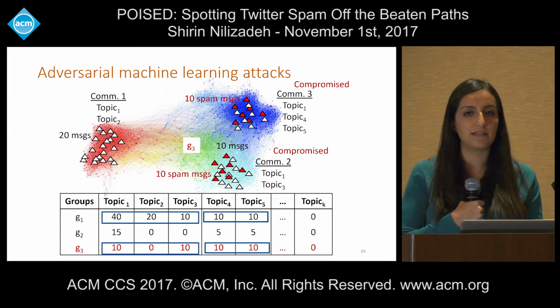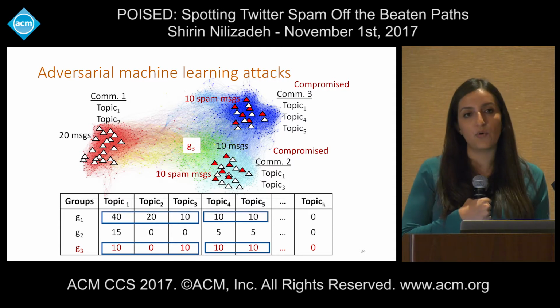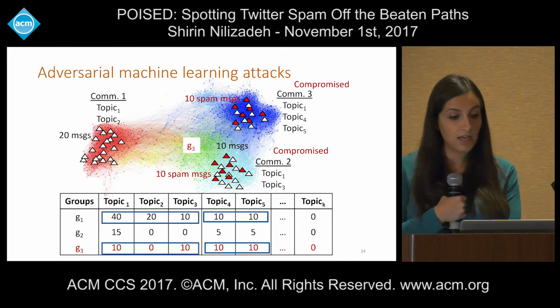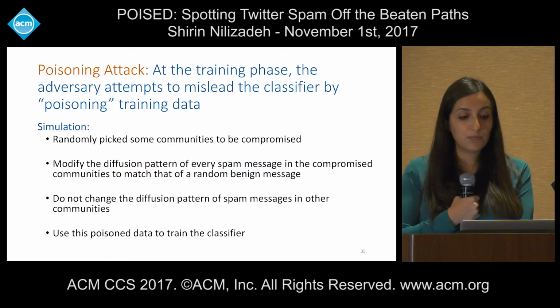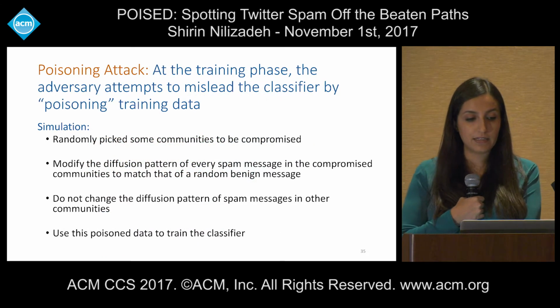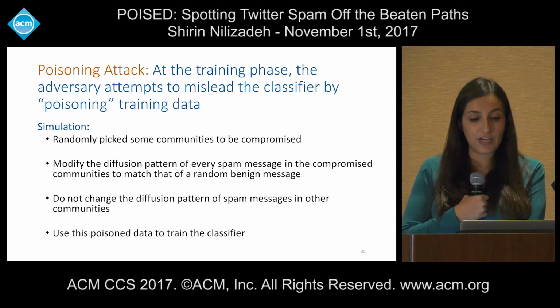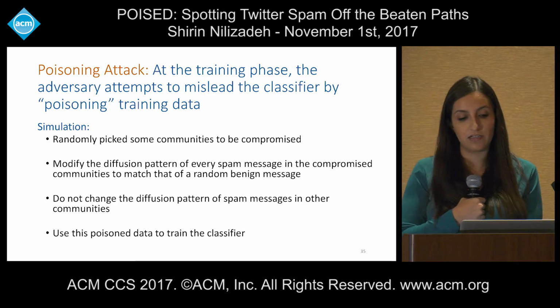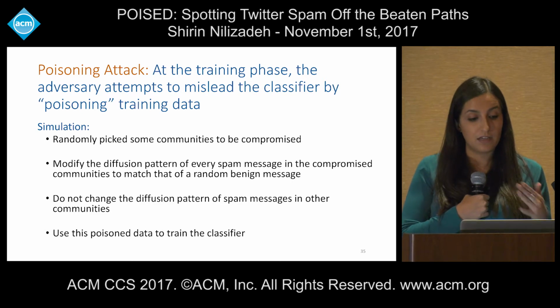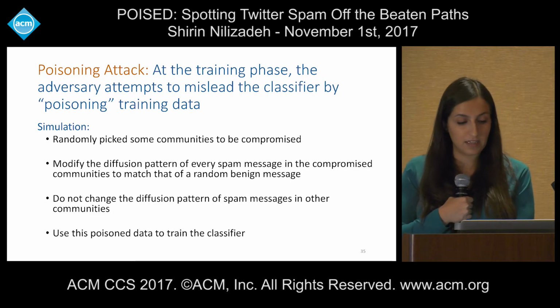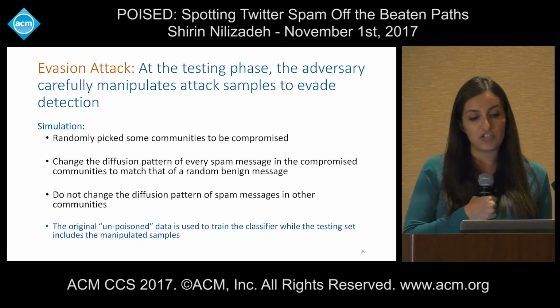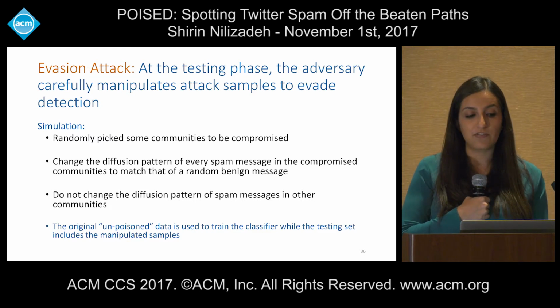This noise can be added at the training phase or at the testing phase. These are called poisoning attacks and evasion attacks, and we evaluated Poised for both of them. In the case of a poisoning attack, at the training phase, the adversary attempts to mislead the classifier by poisoning training data, so we have this noisy data in the training set. In the evasion attack, at the testing phase, the adversary carefully manipulates attack samples to evade detection.